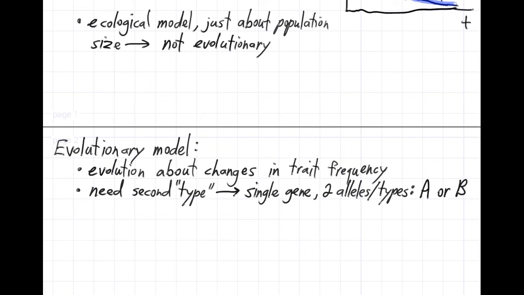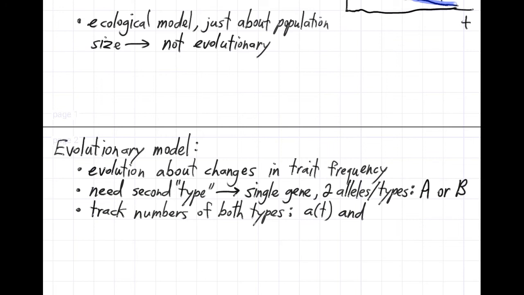There's still just one species, and we're interested in the changes now. We want to track the numbers of both of these types. Before we had A of T as our population size. Now we need to keep track of that and the size of the other population, B of T, and together they make up our whole population.